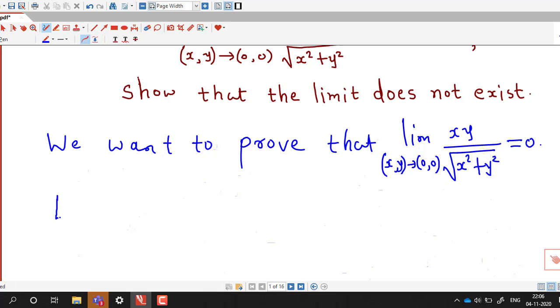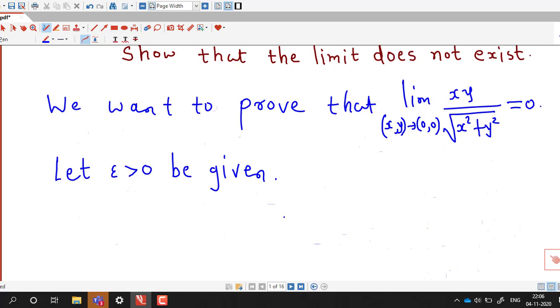So we start by taking epsilon positive. Let epsilon greater than 0 be given, and we have to find out corresponding delta.